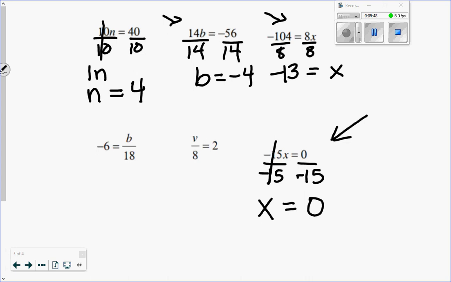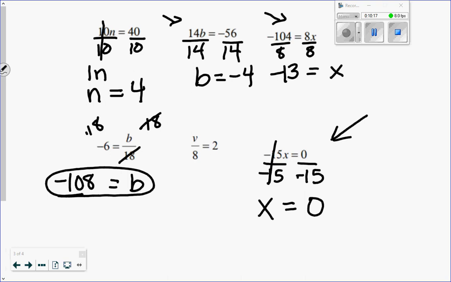Now these last two, the b is being divided by 18. So the opposite of dividing by 18 is multiplying by 18. 18 divided by 18 becomes 1b, or just b. The 18 times negative 6 is negative 108, and you're finished.